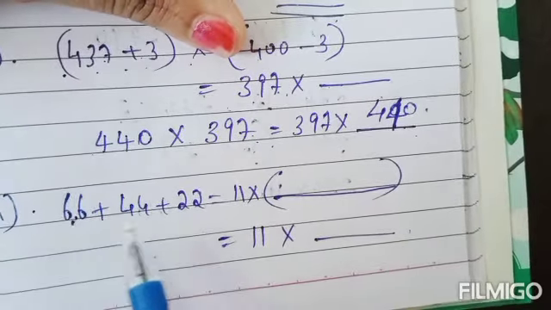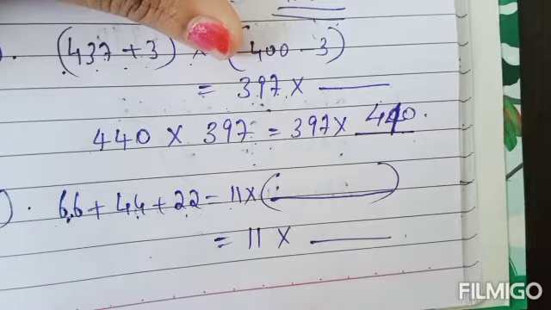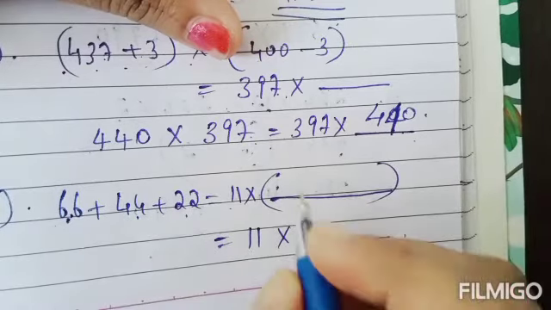These three numbers are divisible by 11, so we can take 11 common outside. 11 into 6 is 66, 11 into 4 is 44, 11 into 2 is 22. So inside the bracket you can write 11 into 6 plus 11 into 4 plus 11 into 2. That means 66 plus 44 plus 22.